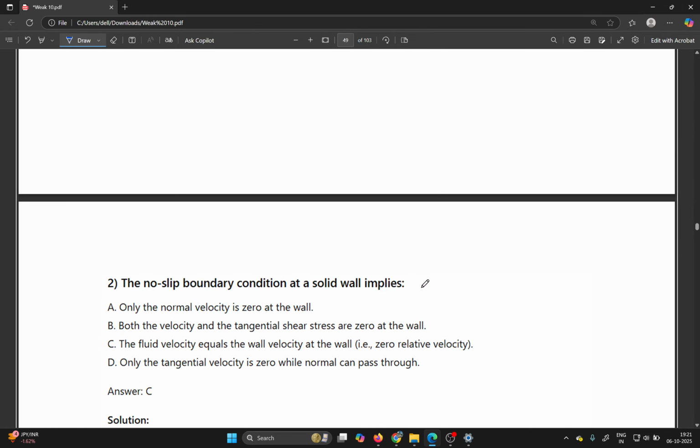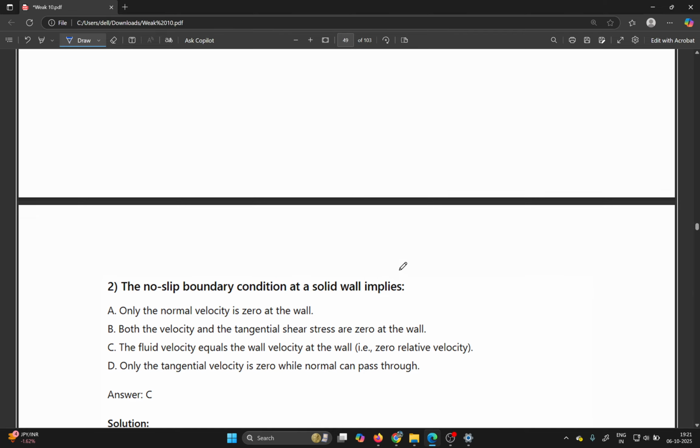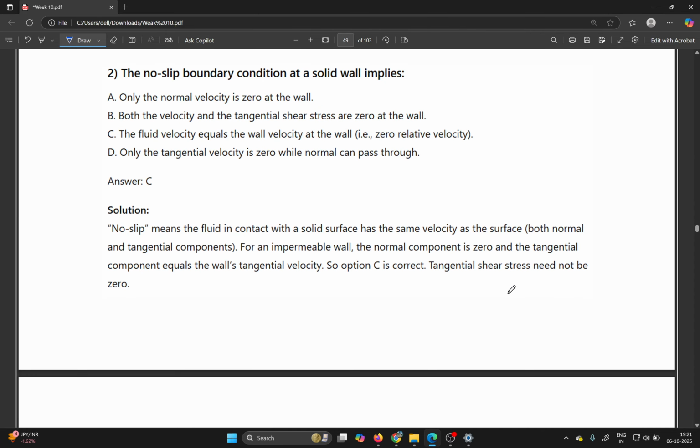Yes, you are correct, because sir has already discussed this. If you have a fixed plate and here you have a movable plate, I am going to take two conditions: one is a fixed plate, and another is the plate moving with velocity v.